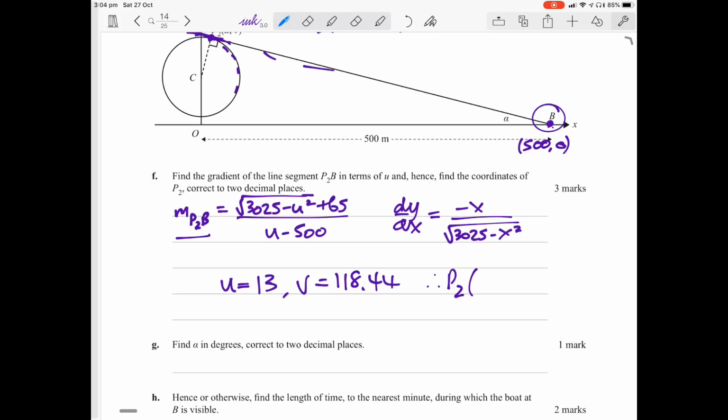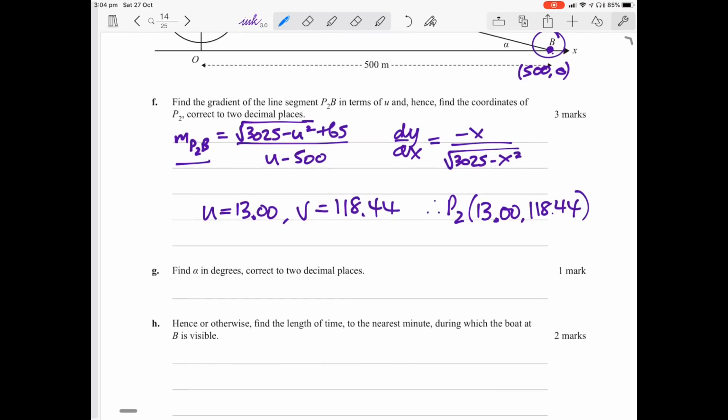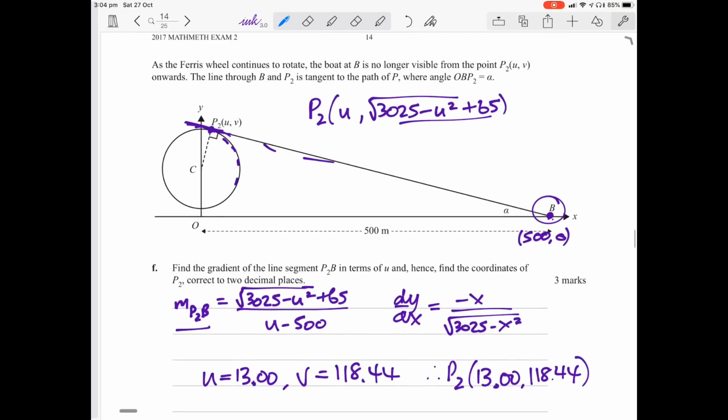So P2, the coordinate, is 13.00, 118.44. I should do that to 2 decimal places. So U equals 13.00. Okay, find alpha in degrees correct to 2 decimal places.